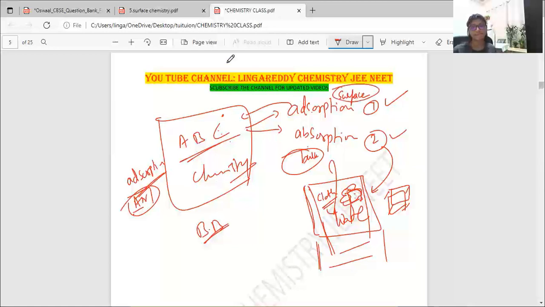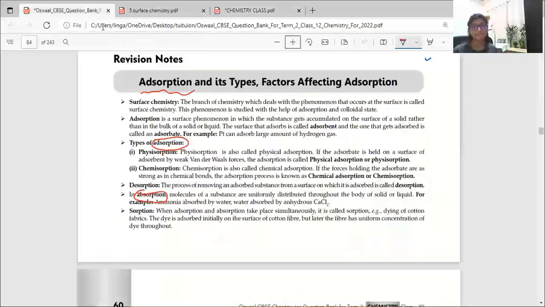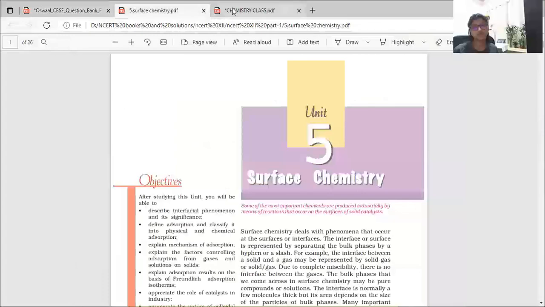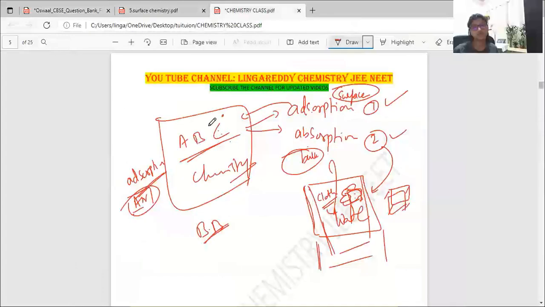Right. Now let us go to the points. This adsorption is again of two types: physisorption and chemisorption. First of all, these are only surface phenomena. In that also, I have given examples here: the chalk dust and board.